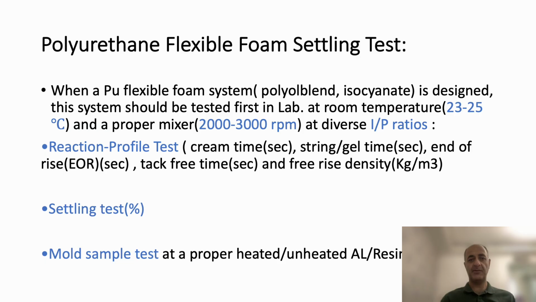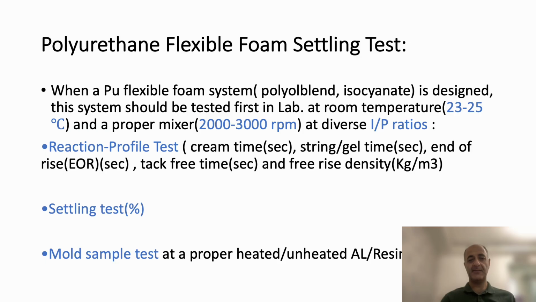When a polyurethane flexible foam system, including polyol blend and isocyanate, is designed by an R&D expert, this system should be tested first in the lab at room temperature and with a proper mixer, normally between 2000 to 3000 rpm, at diverse IBP ratios.